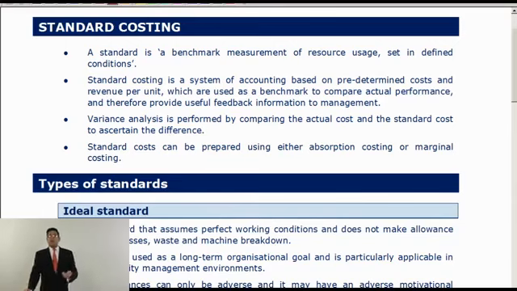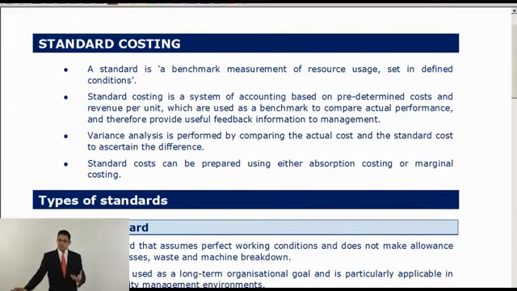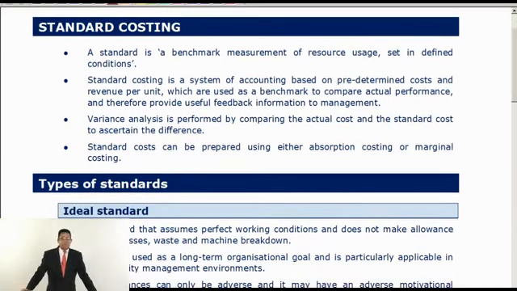Also, those people who have done paper F2 a while ago, maybe a year ago, 6 months ago, 2 years ago, this would refresh their basic knowledge. So this is like a refresher session which would cover standard costing and basic variance analysis. Please understand these things, which are going to help us to understand advanced variances in a more comfortable way. Okay, so let's start our session.